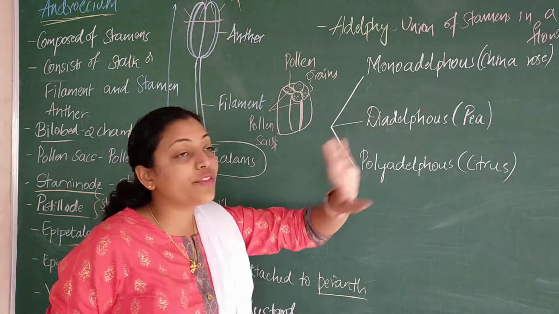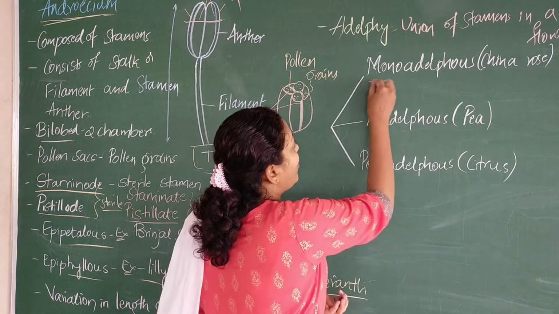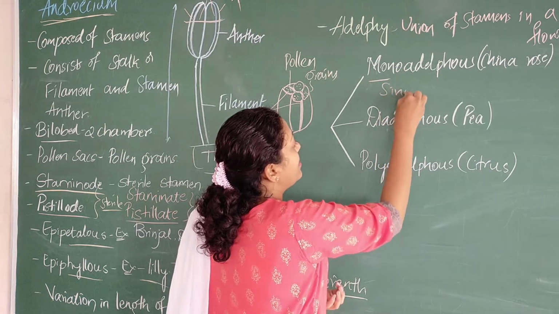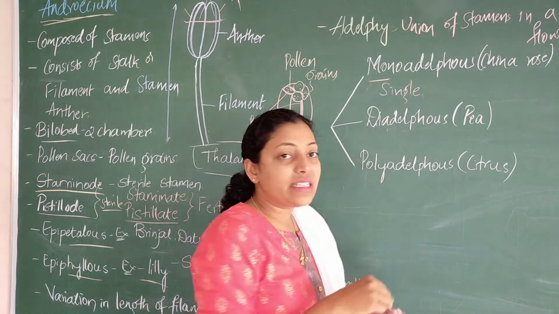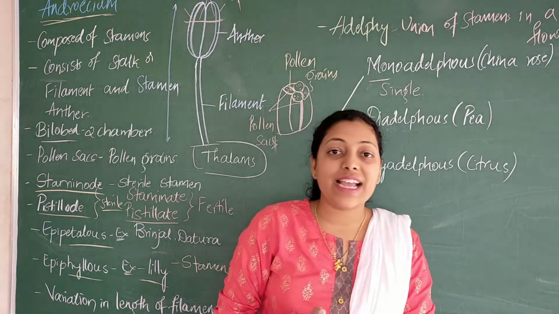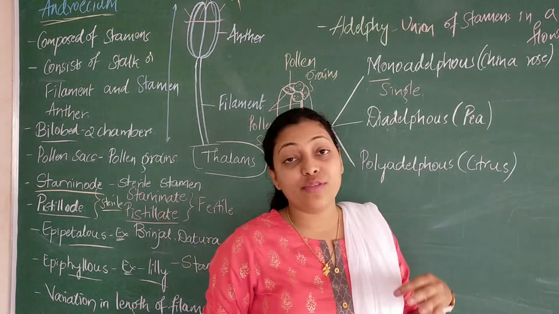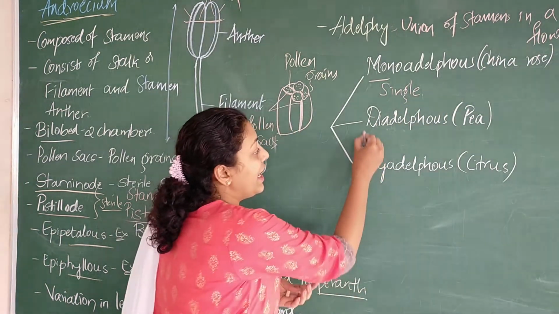Monoadelphous is found in China rose. Mono obviously means single: a single bundle of stamens attached together is called monoadelphous.